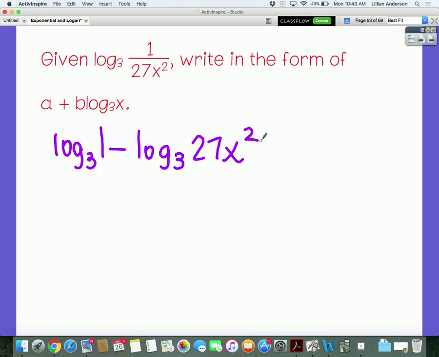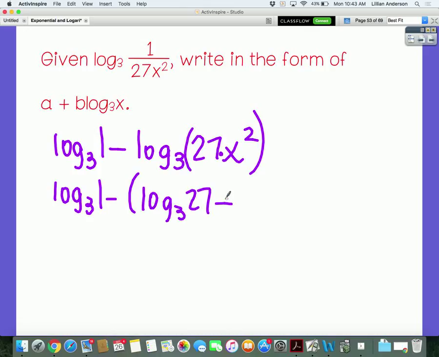And remember that 27 and x squared are held together by a multiplication, so this can be written again as log base 3 of 27 plus log base 3 of x squared. Remember, log base 3 of 1, that's one of your properties that basically says that that equals 0.